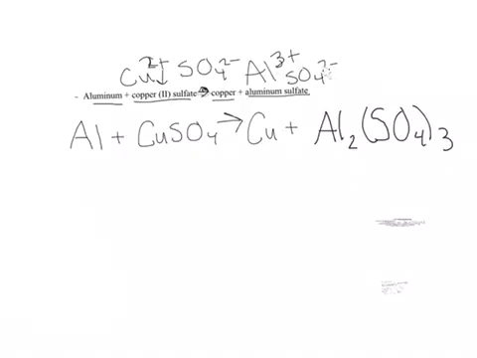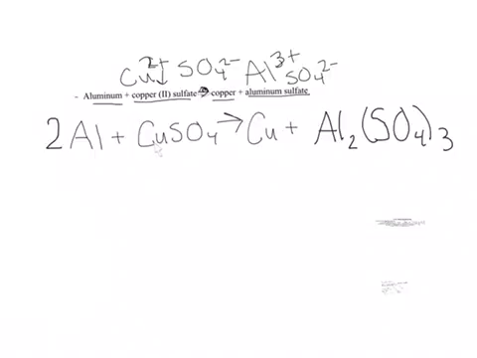And then the coefficients that we're going to write is how we balance our equation due to the law of conservation of mass. So if you look, we've got 1 aluminum on the reactant side and 2 on the product side. So you need to write a coefficient of 2 in front of the aluminum. Then we check our copper.